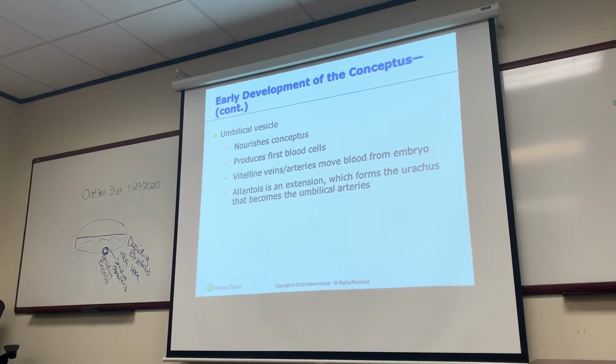Because in pathology, the urachus is at the top of the bladder. It connects the bladder to the umbilicus. The allantois is what helps the umbilical arteries to become active.